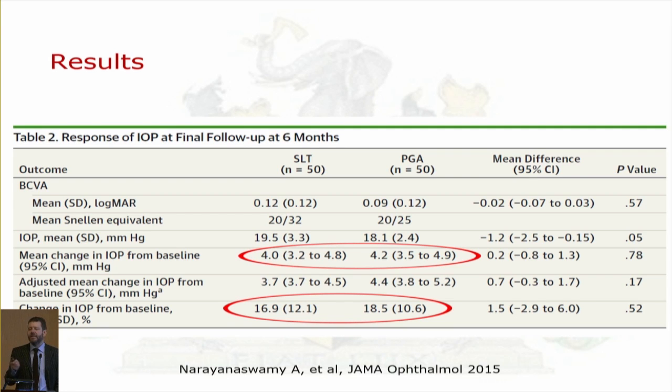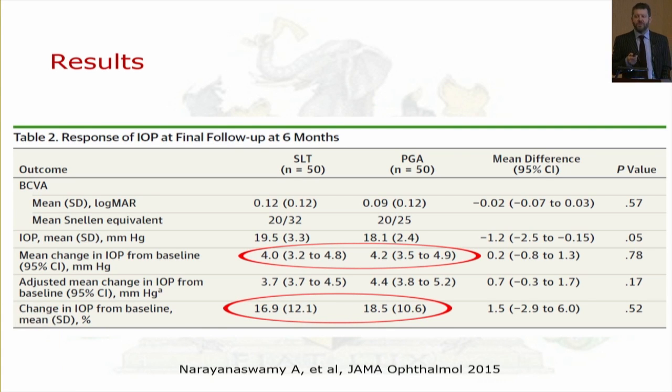Now, admittedly, the prostaglandin analog, in this case the travoprost group, had better pressure lowering, but of course there are all the advantages of SLT in patients who have already had either an iridotomy or lens extraction. The advantage of an SLT is, of course, you don't have to worry about patient compliance, you don't have to worry about whether or not the patient is actually going to take your drug.